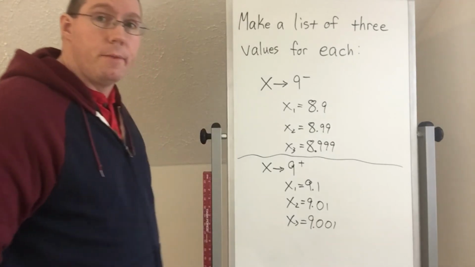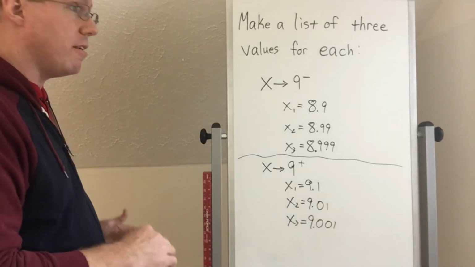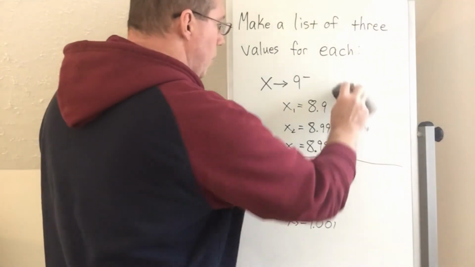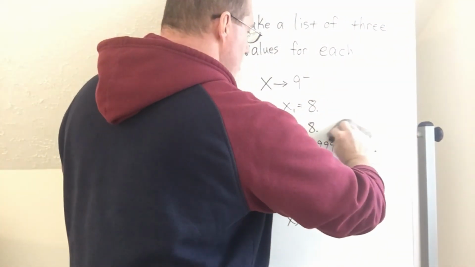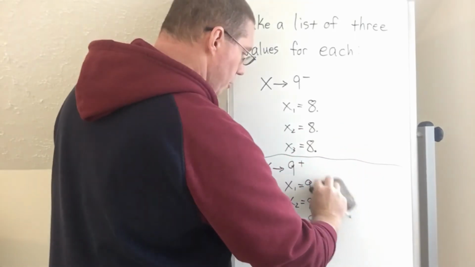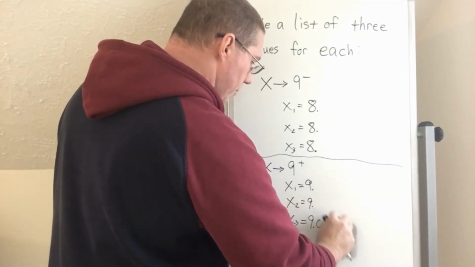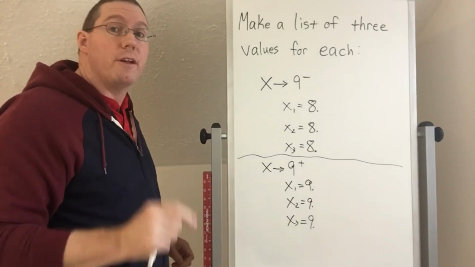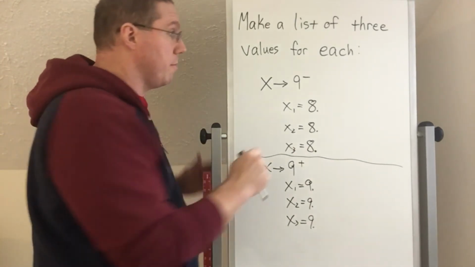9.001, okay? Now, I'm going to show you another way of doing these exact same two questions, okay? The three values from each of the questions. We're still going to leave these as 8 point something, and we're still going to leave these as 9 point something. But another way to get incrementally closer is you can get incrementally closer in the same jumps, all right?